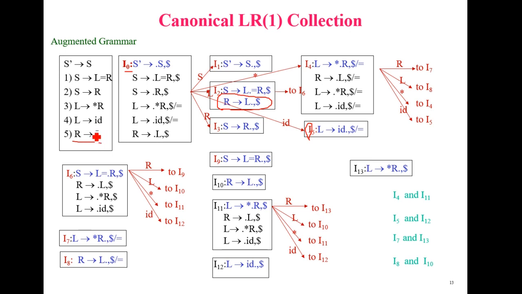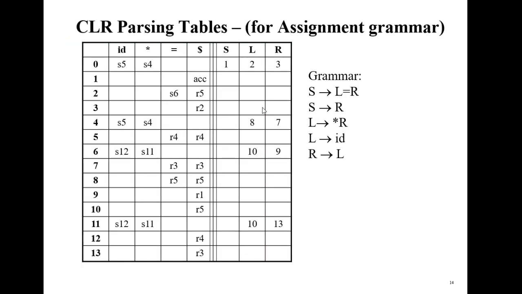R indicates the reduce operation, 5 indicates the rule number. In the dollar column we have to place this R5. So in the second row, dollar column, we put R5. Similarly we have to fill all the items, and $1 is always accept.